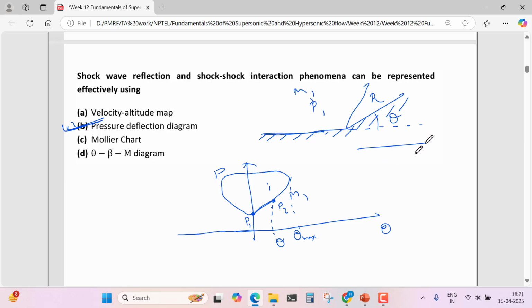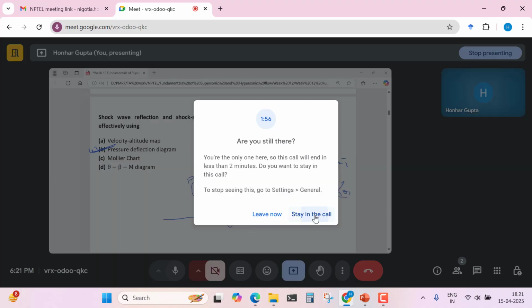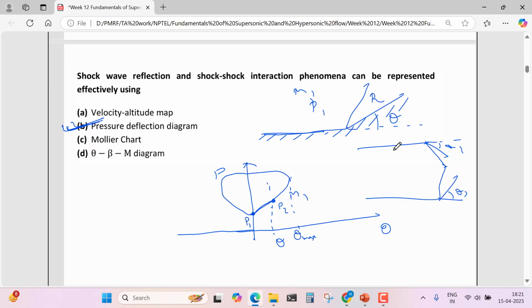Now let's say there is one pipe and there are two wedges here with angle theta 1 and theta 2. So there will be shock interaction, like there will be one oblique shock here and one oblique shock here, and due to their interaction there will be one slip line, and this will be the transmitted shock.